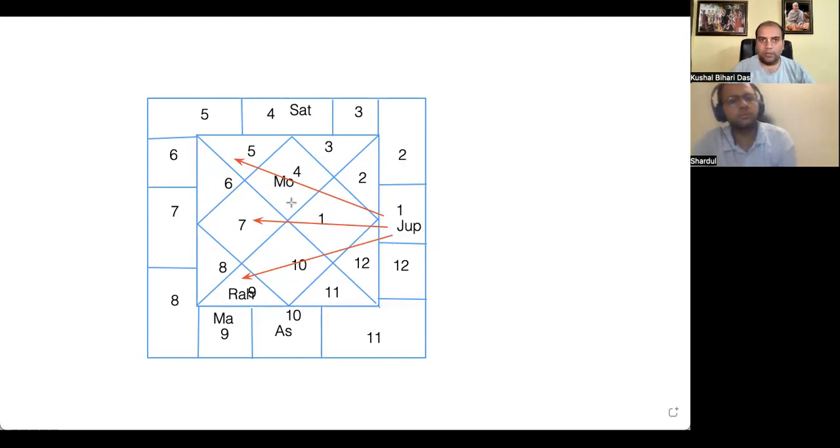Now suppose instead of Moon here, the Moon is sitting in Leo for the boy. Then Jupiter will aspect. So whenever such a situation is there, that either the girl's Jupiter is aspecting the boy's Lagna, Lagna Lord or Moon, or both have the same Lagna. And similarly in the boy's chart, you find that the boy's Jupiter is aspecting the girl's Moon, the girl's Lagna Lord, or they both have the same Lagna.